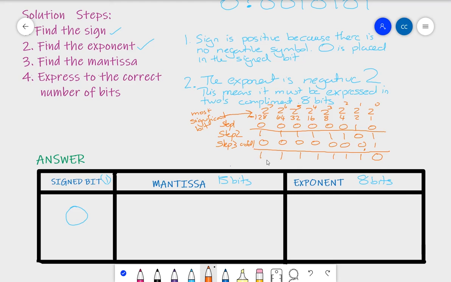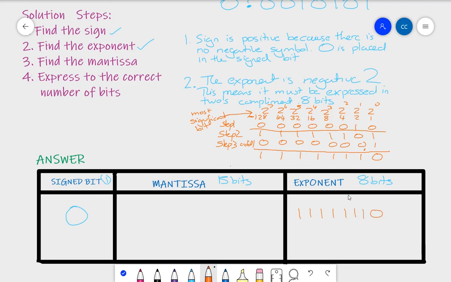There is our answer. So this is 2's complement representation of negative 2. And it's in 8 bits because we used 8 bits. 1, 2, 3, 4, 5, 6, 7, 8. Let's put it in as our answer. 1, 1, 1, 1, 1, 1, 1, 0. How many is that? 1, 2, 3, 4, 5, 6, 7, 8.